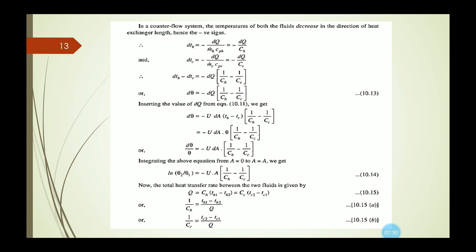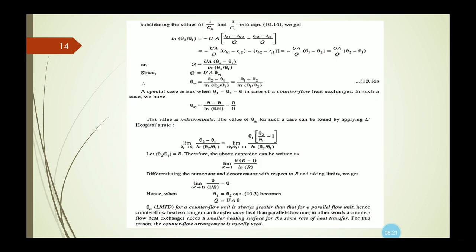So from equation number 10.15 we can get the representation of 1 by Ch, that is 1 by heat capacity for the hot fluid, equals Th1 minus Th2 divided by Q. And in a similar manner we can represent the heat capacity or water equivalent for the cold fluid, 1 by Cc, equals Tc2 minus Tc1 divided by Q. So these are equations 10.15a and 10.15b we are getting here.